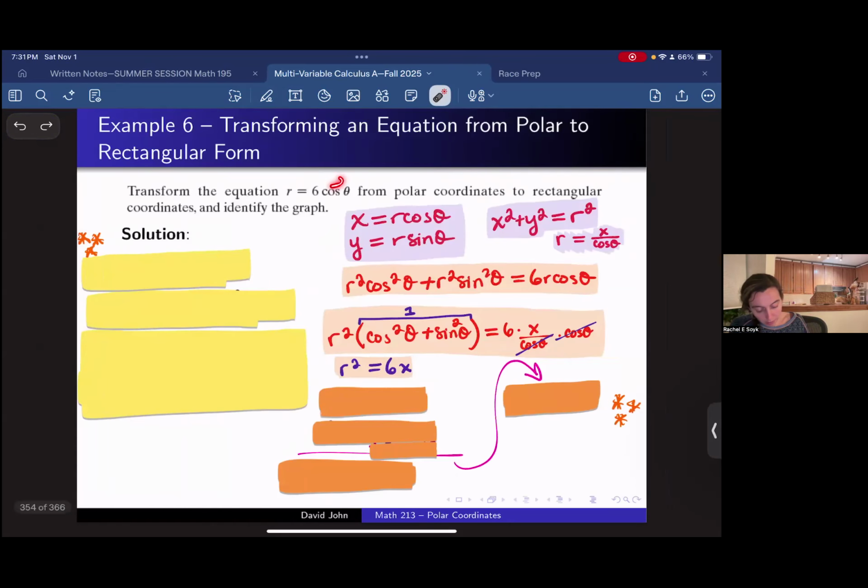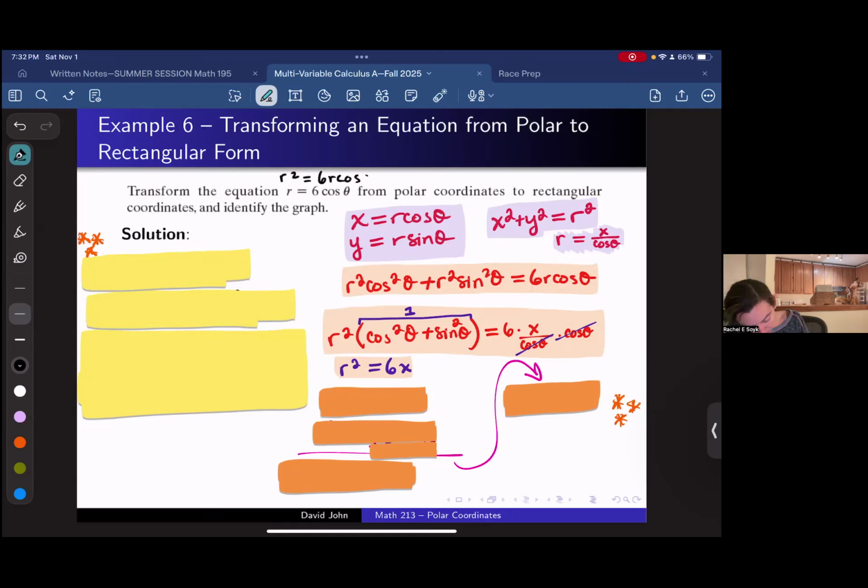Let's just multiply both sides of this equation by r, and when we do, we end up with r squared equal to 6r cosine theta. But we know that r cosine theta is x. So we once again get r squared is equal to 6x. Nice and simple.